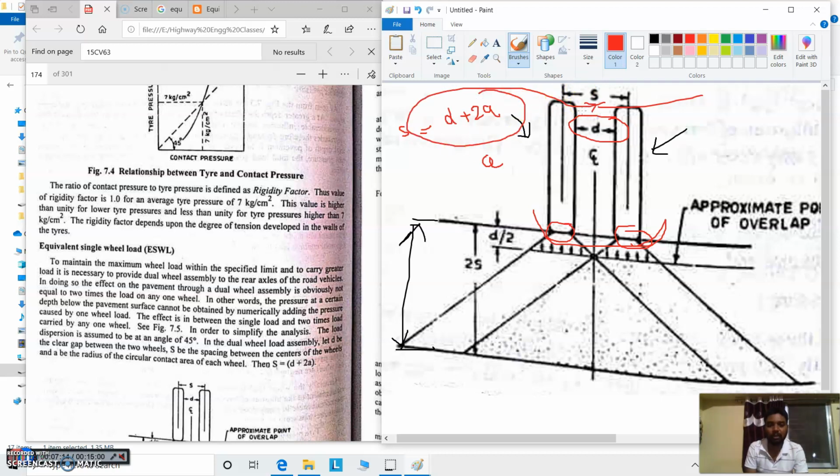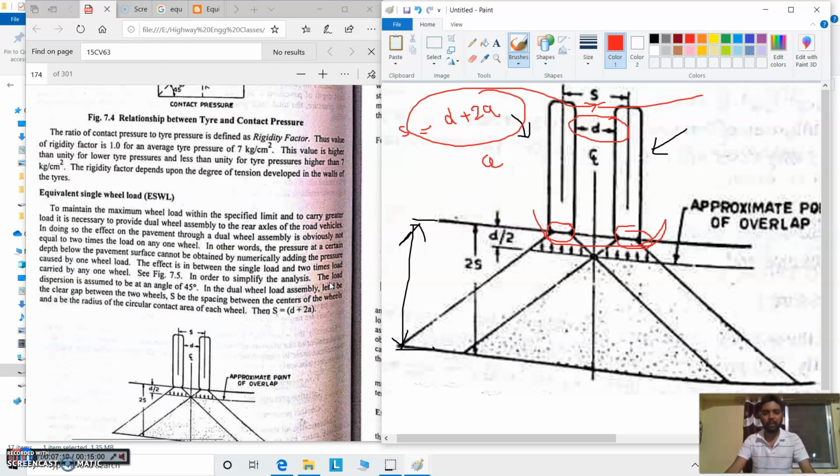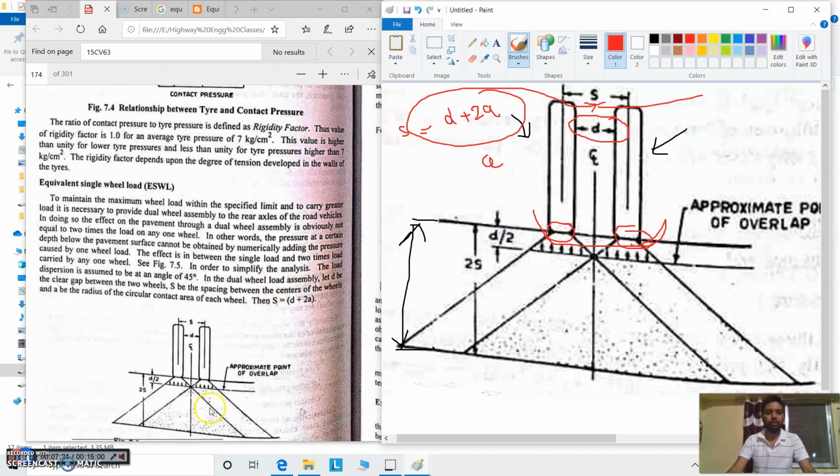So this is the arrangement which we have considered to study the equivalent single wheel load, right?